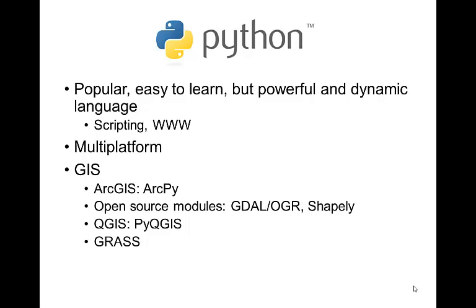So Python. Python is a popular, easy to learn, powerful, dynamic language. I expect, has anybody not heard of Python? No, everybody's heard of Python. Good. It is probably the number one scientific programming language at the moment, as far as I'm concerned.